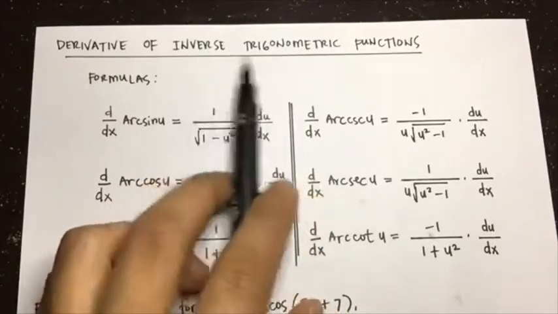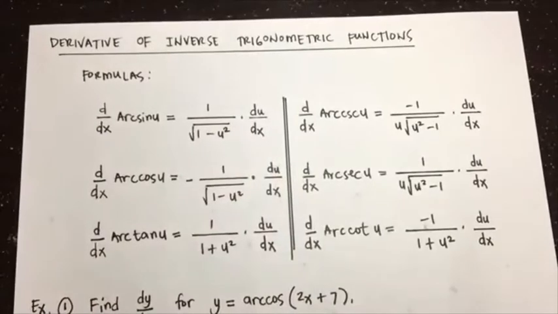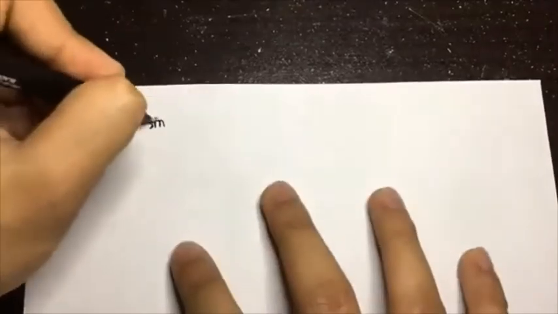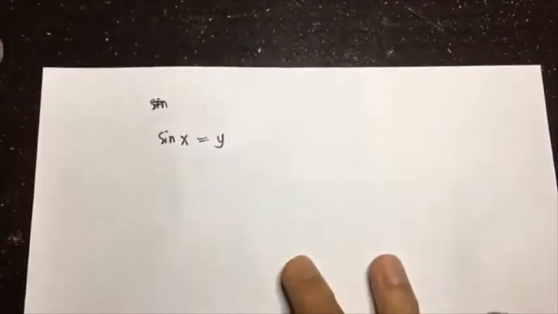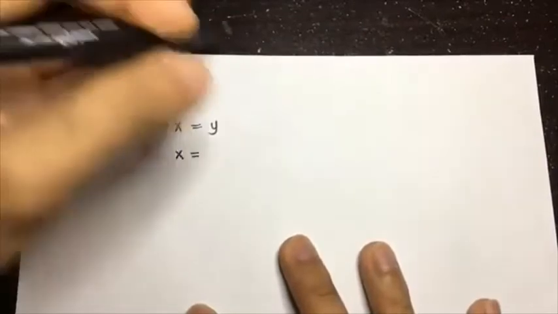meaning of inverse trigonometric functions. As a quick review, say for example, we have sine of x is equal to y. Therefore, x is equal to the arcsine of y.